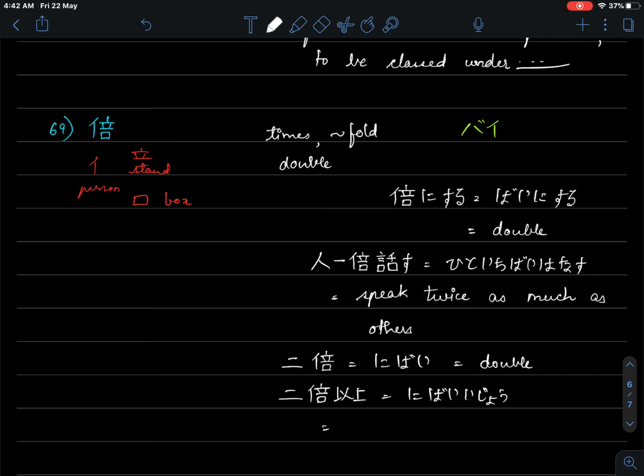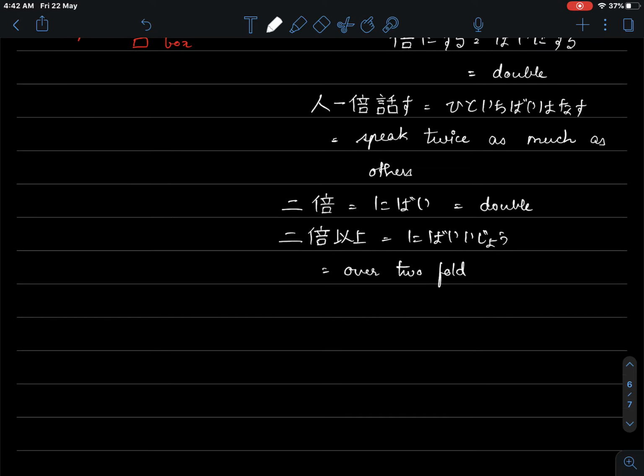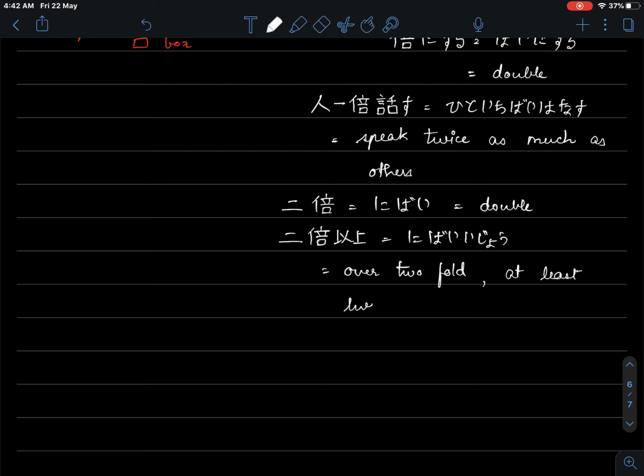This is nibai ijo, which means over twofold, or at least twice as much, or at least double.